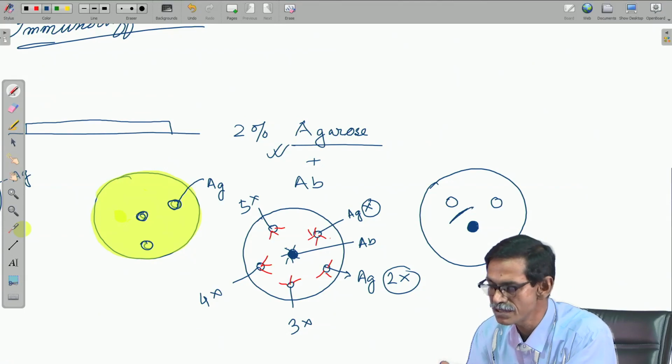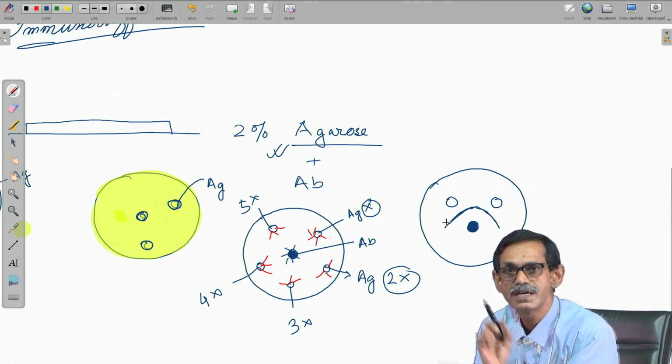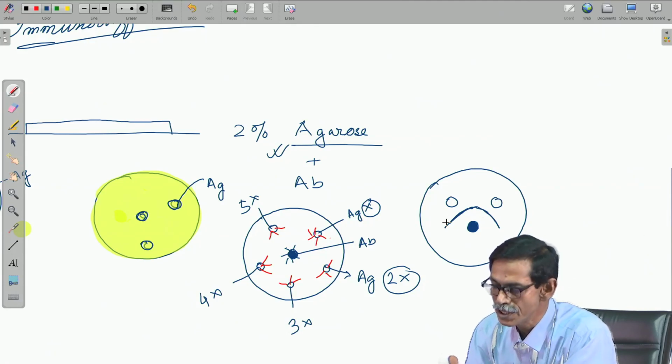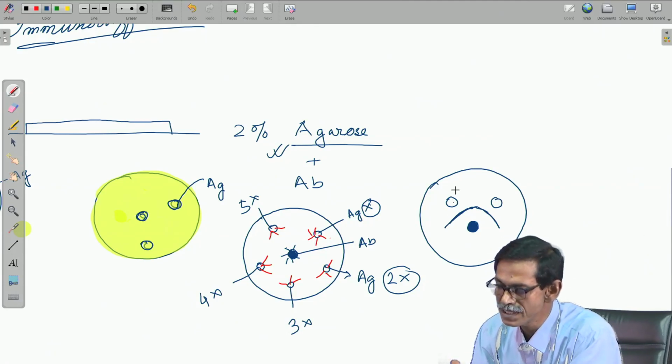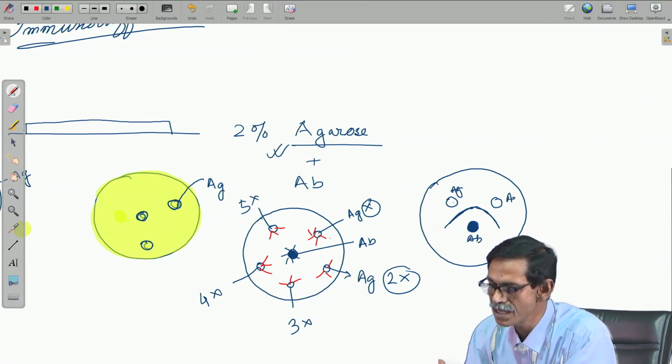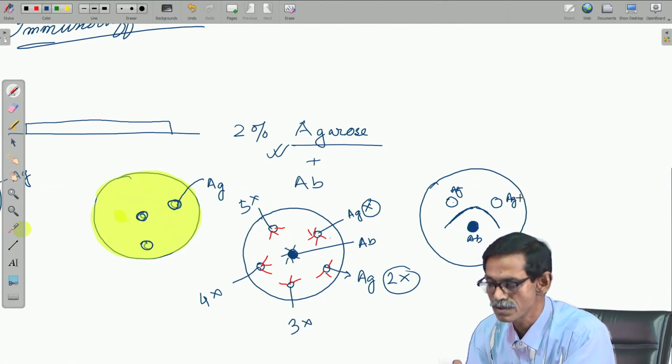Same distance, I will see a precipitation line. Next morning I will see a faint or good milky white precipitation line here. If the amount of antigen and antibody are the same, say 2 microgram, 2 microgram, serum I do not know.